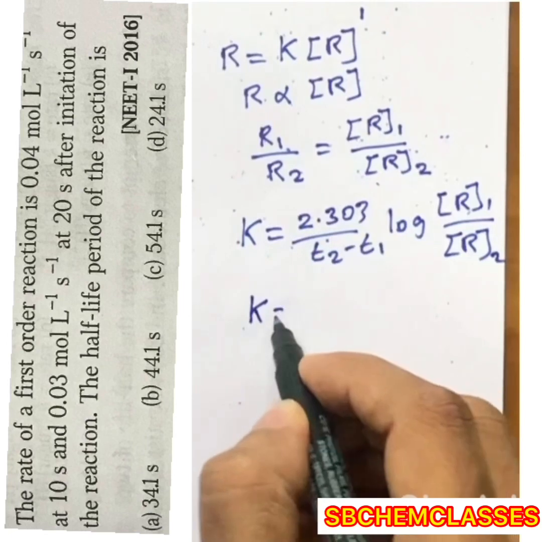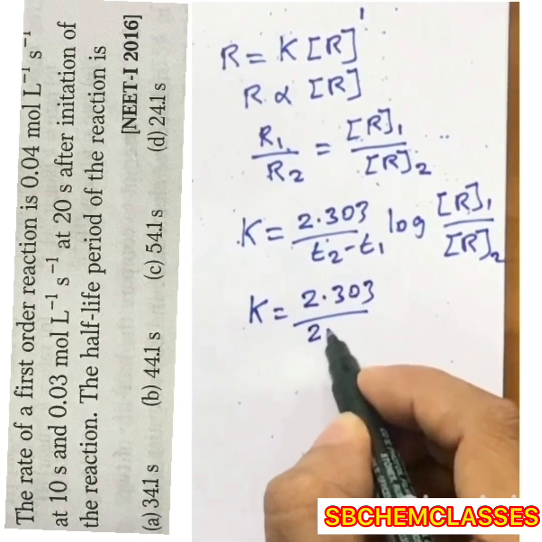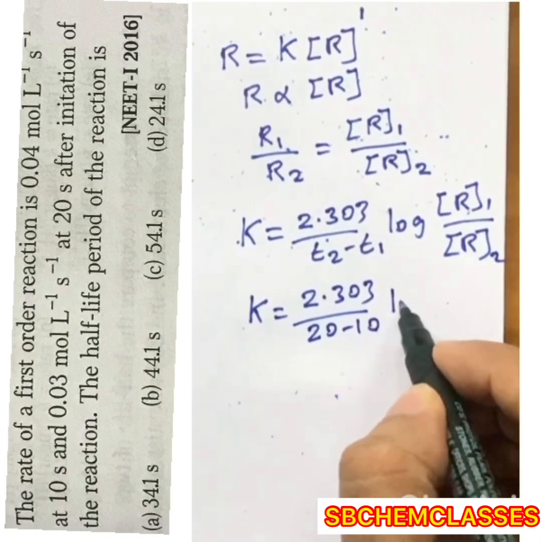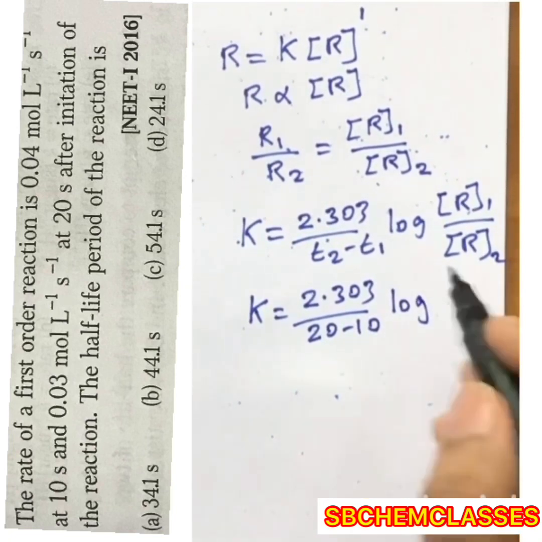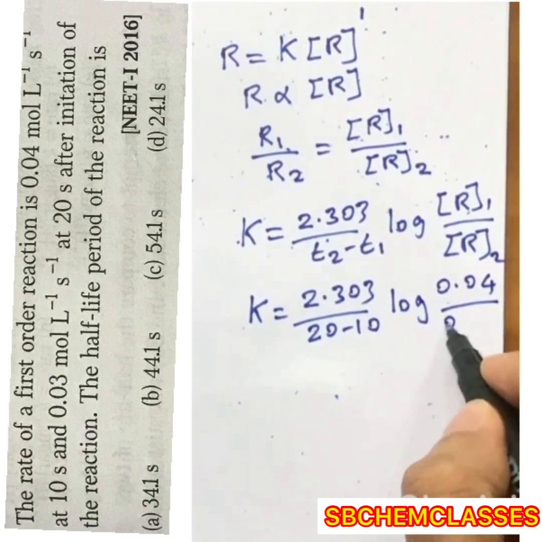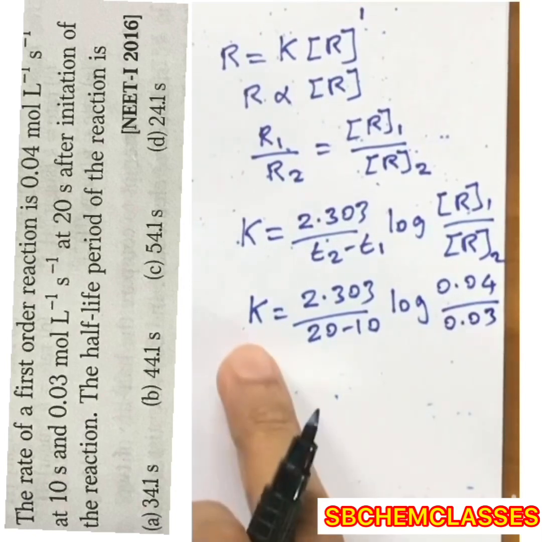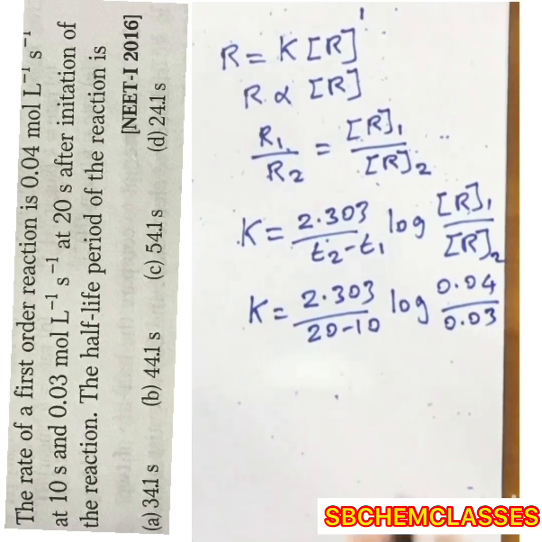So K equals 2.303 by (20 minus 10) into log (0.04 by 0.03). From this calculation, we will get the K value. After getting the K value, we can calculate T half.